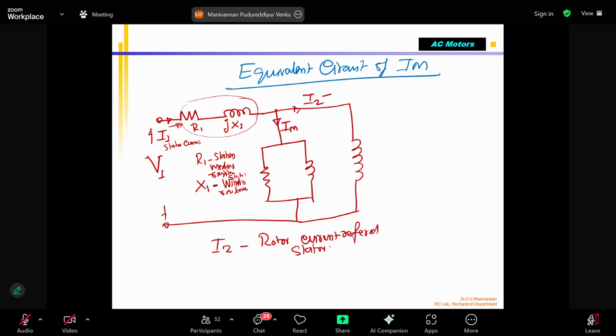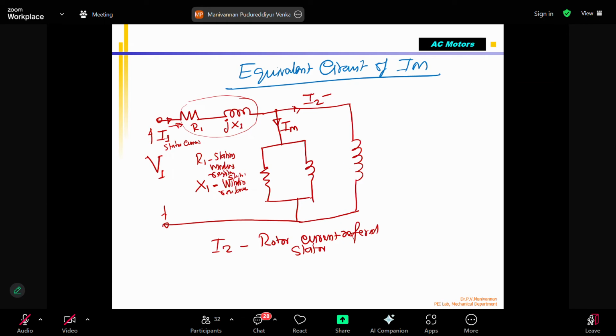Because in the rotor, we are not supplying any current. Actually, the rotor current is induced. That current is produced due to the magnetic field created by the stator coil.